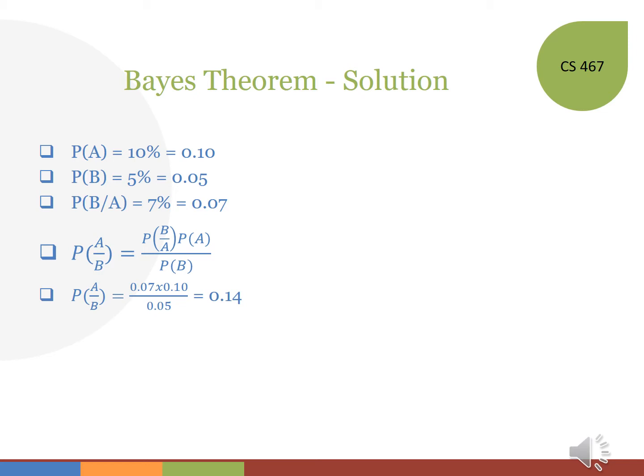That can be given by probability of A given B. Using the Bayes rule, probability of A given B is equal to probability of B given A into probability of A divided by probability of B. So substituting the values for P of B given A, P of A and P of B, the value of P of A given B is equal to 0.14. So that is the probability that a patient will have liver disease given that the patient is alcoholic.